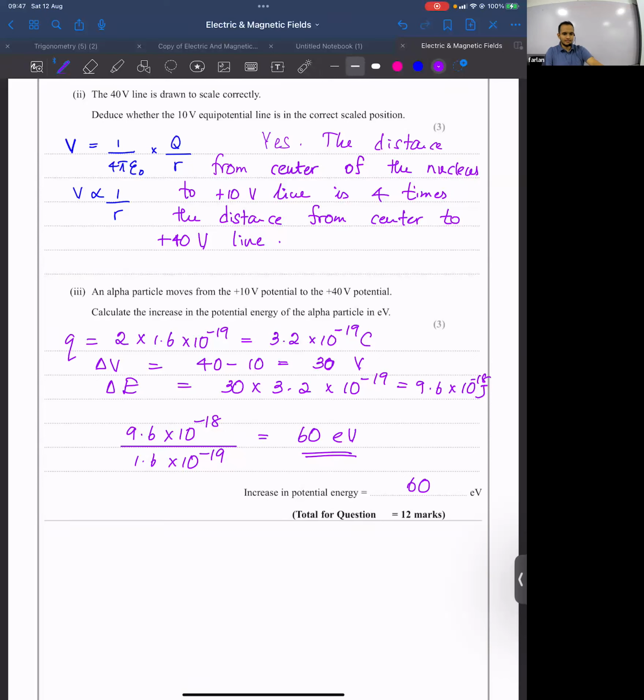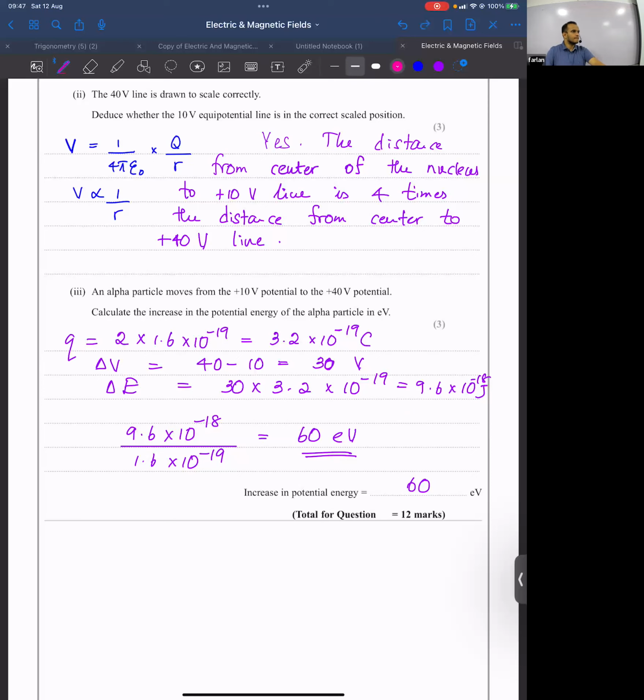So this is the potential energy for one proton. No. This is for the alpha particle. Why do you divide by 1.6 times 10 to the power minus 19? Here we got the energy in joules, right? So to convert joules to electron volts, we divide it by the charge of an electron.